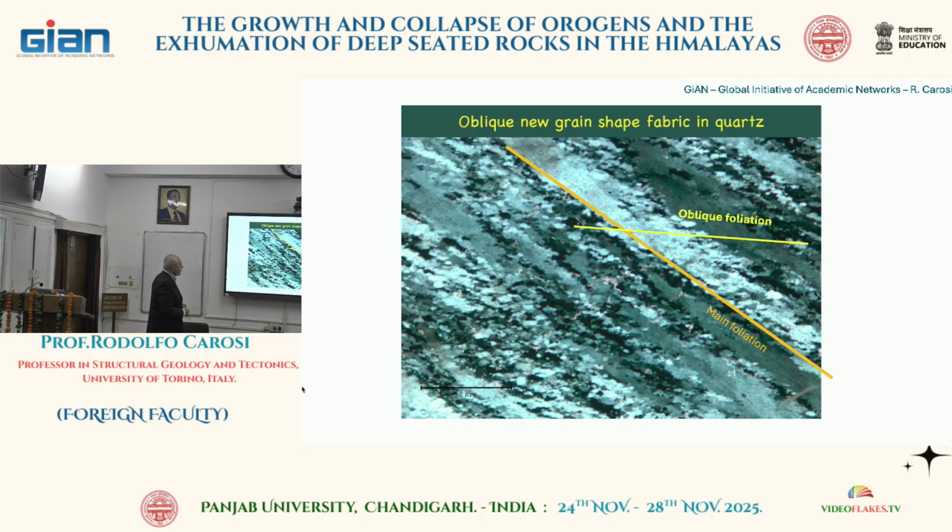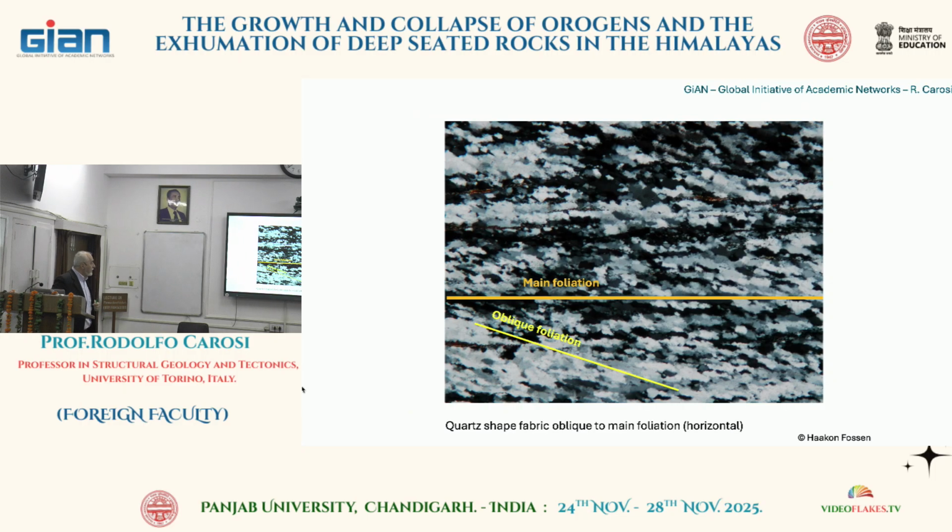But if you put the gypsum plate under the microscope, or you can take measurements of the c-axis, you can see also the orientation of the crystallographic planes. This is another example: mylonitic foliation and oblique foliation.